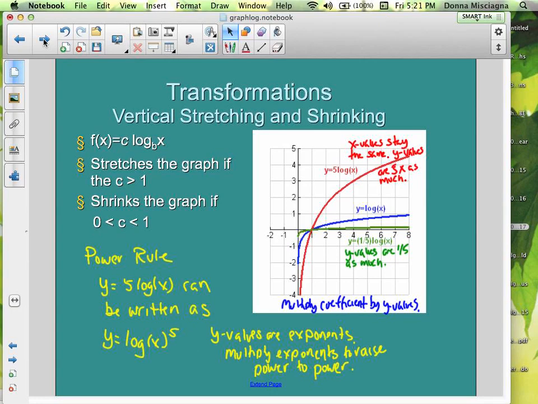So for the red graph, the y equals 5 log of x, instead of having a point (10, 1), we'd have a point (10, 5). Our y values would be 5 times as much. And for the green graph, because we have a 1/5 in front, we would keep all of our x values, but our y values are going to be one-fifth as much. So instead of having the point (10, 1), we'd have the point (10, 1/5). Okay?